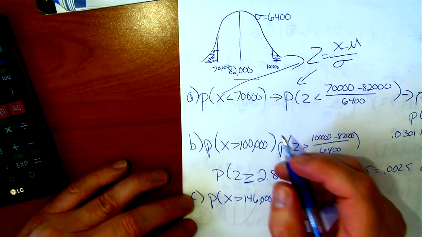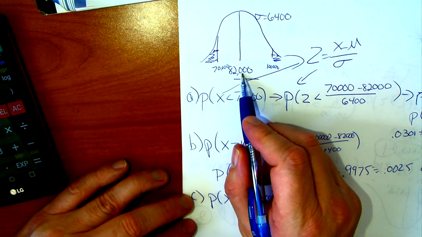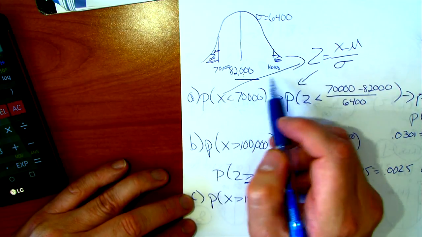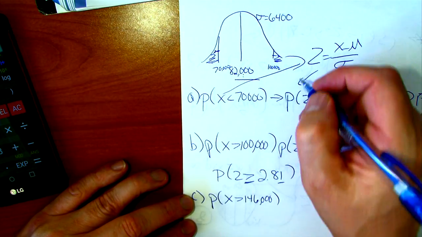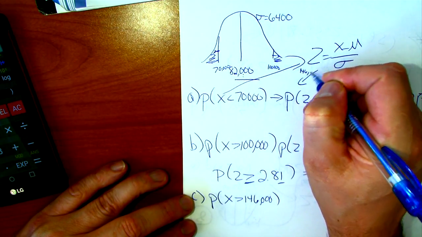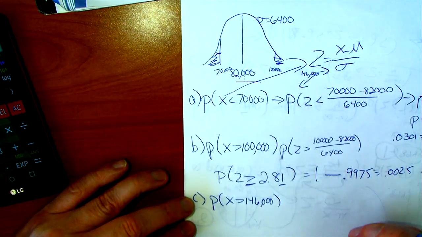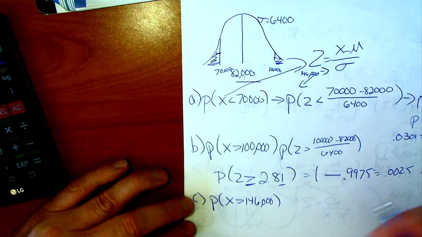Well, if we think about it, just looking at it, 82,000 is normal. We've got 3 standard deviations, so that puts us around 100,000. Some dude's asking me what's the odds he gets more than 146,000, which would be out here. Wow, it doesn't look like it's likely, but let's see.